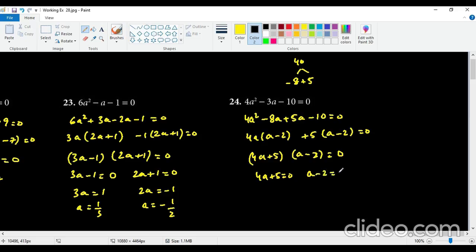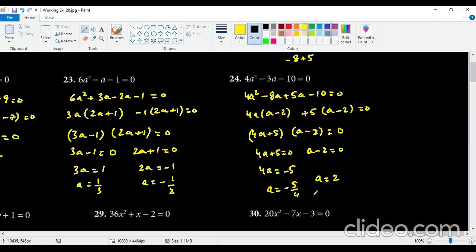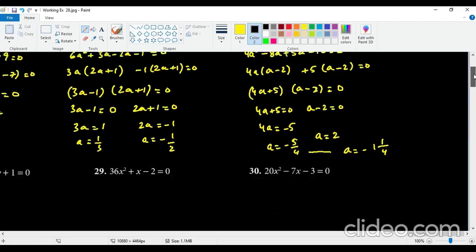That means 4a will be equals to negative 5, and a is equals to negative 5 over 4. And on the other hand, we have a equals positive 2. So these are the two values for this, and for this you can write a equals negative 1 whole 1 over 4, because it is a fraction with the numerator which is bigger than the denominator.